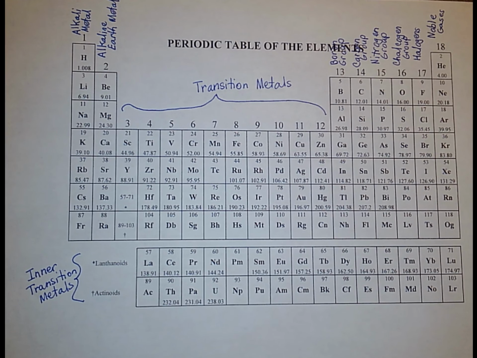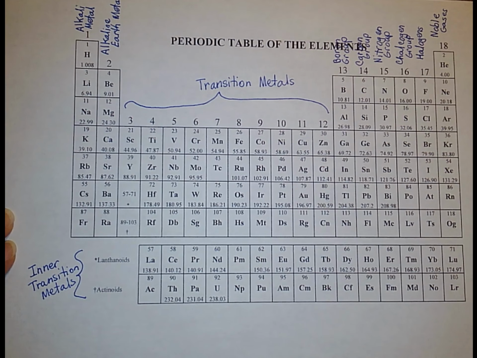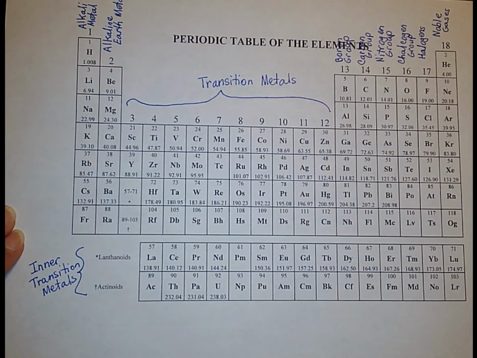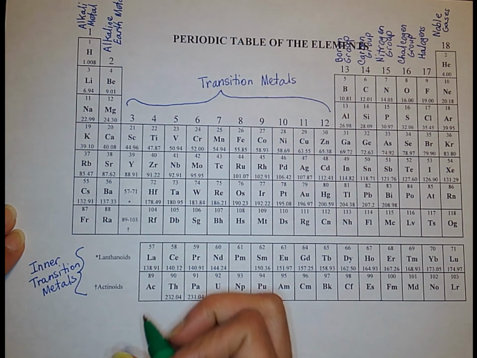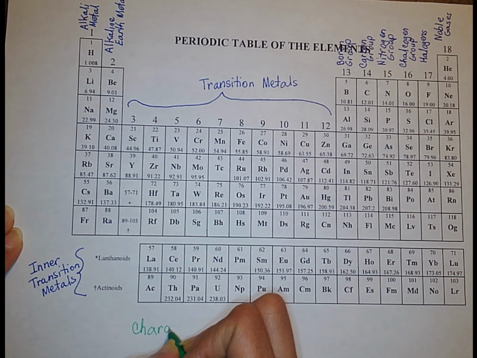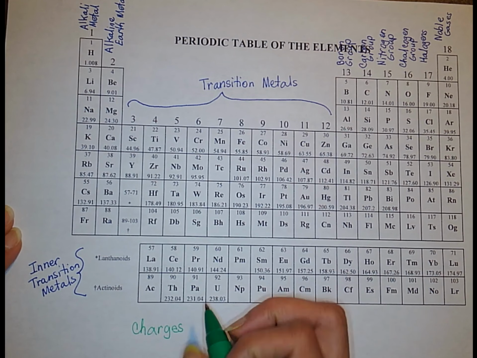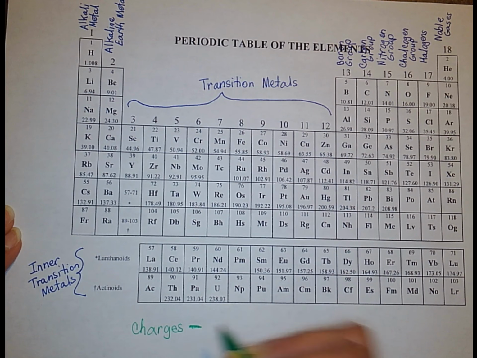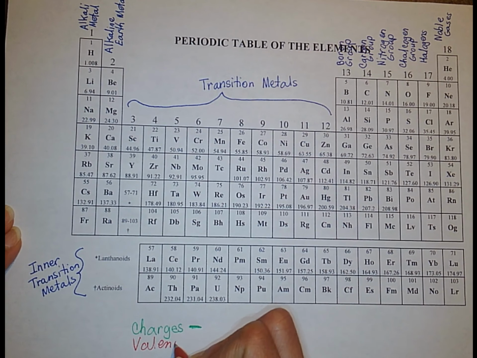Okay, so take another color. You're going to need two different colors because we're going to talk about charges and valence electrons. So right here, make a key at the bottom where charges for me will be in green. I will write the charges of each of the groups in green, and then the valence electrons I will write in red.